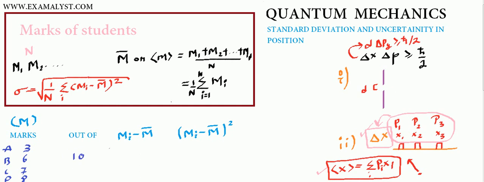Now, can you tell me what is the average of this system? This system has the marks of 4 students. How do you calculate the average?